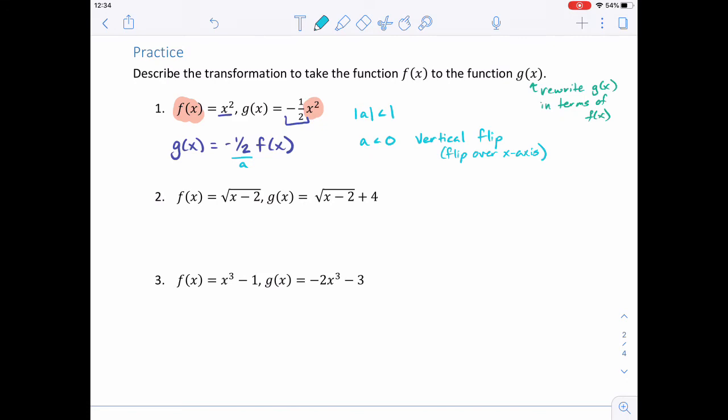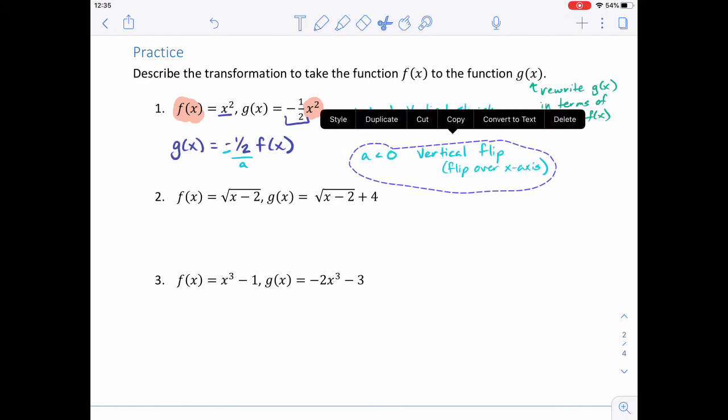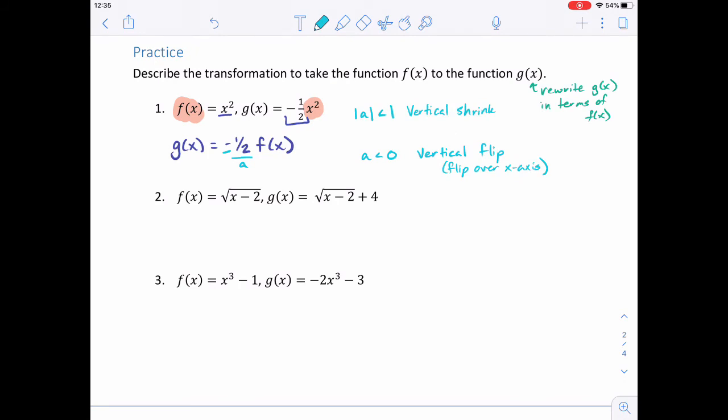Our a has an absolute value less than 1, so that's just the 1/2 part. So we have our negative and then our 1/2. That means we have a vertical shrink. Sometimes you might see a vertical shrink of 2 because we're going to divide everything by 2, or a vertical shrink by a factor of 1/2.